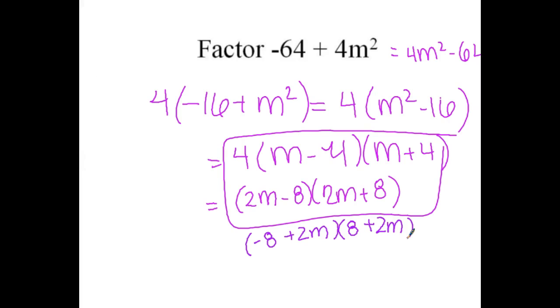You could have had 4 factored out, m minus 4, m plus 4. Because again, what we could do is rearrange the terms so it's 4m squared minus 64. So that's where these two sets of answers are coming from. If you did not, but you saw the difference of squares, you may have gotten this answer down here. All of them are correct.